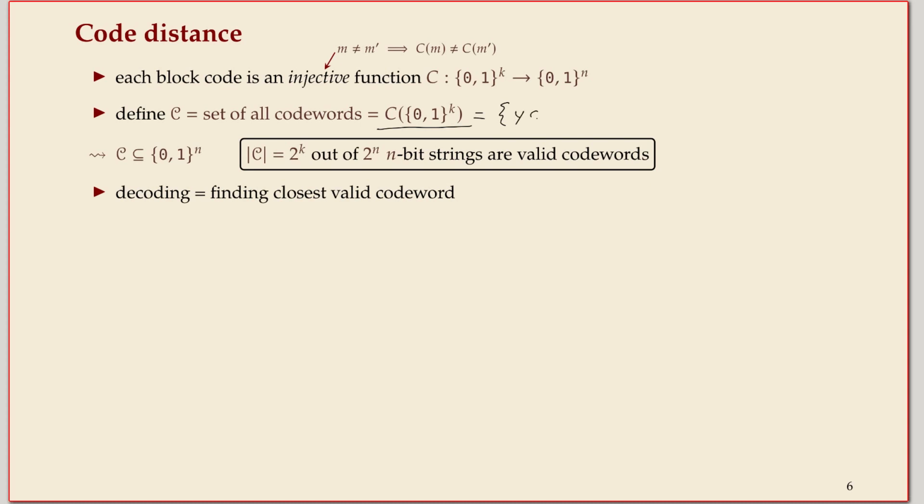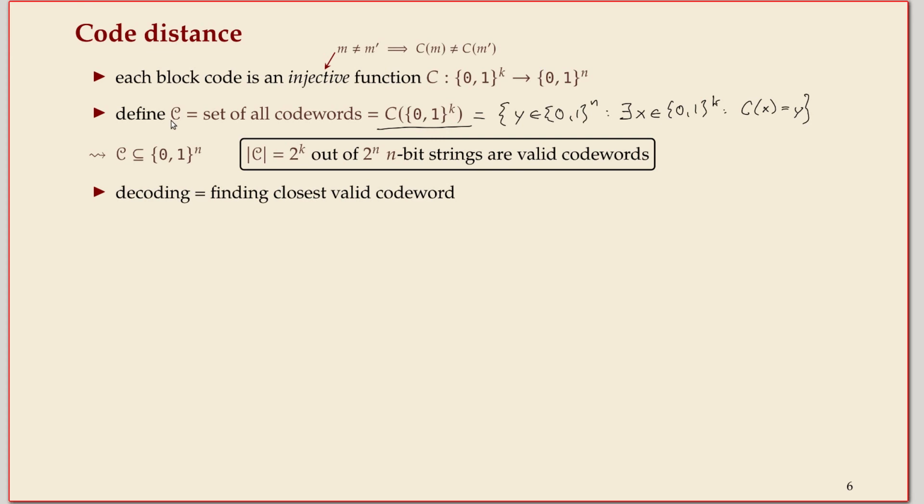It's the set of all bit vectors y of length n, so that there exists a message of length k, and the encoding of that message is y. That's just the meaning of putting a set into a function that actually just accepts a single element. It's meant to be the set of all answers that you could possibly get by putting all possible elements into the function.